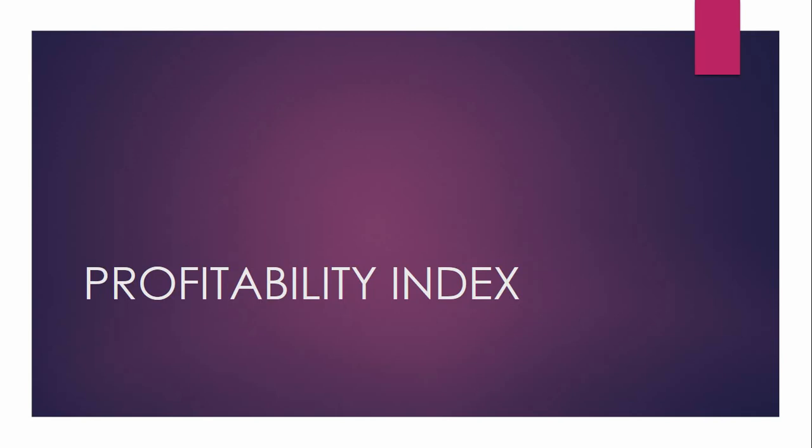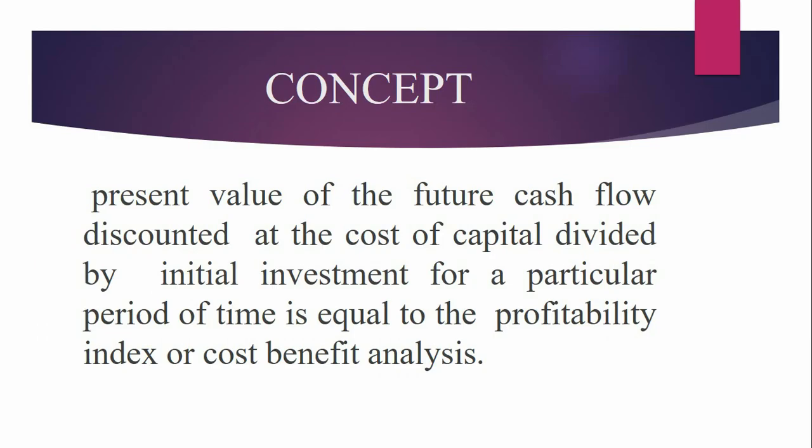In my previous lecture, I discussed the capital budgeting technique, the net present value or NPV, which indicates the difference between the present value of the future cash flow discounted at the cost of capital and its initial investment. However, in the case of profitability index, we are not dealing with the difference. We are dealing with the division, that is the division of these two values.